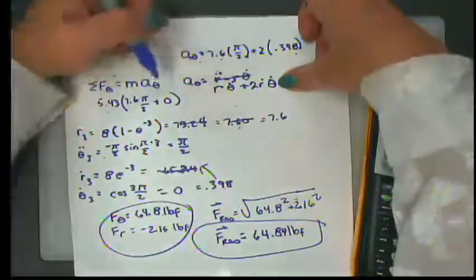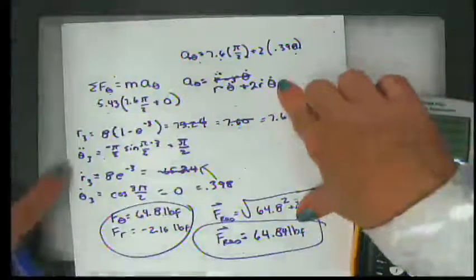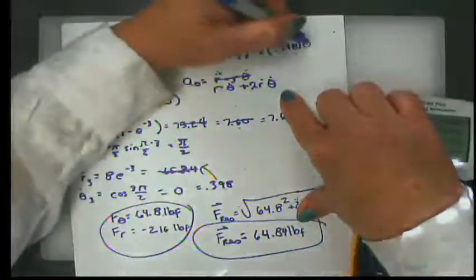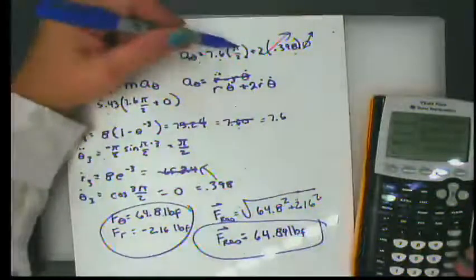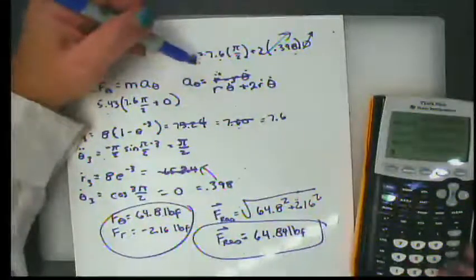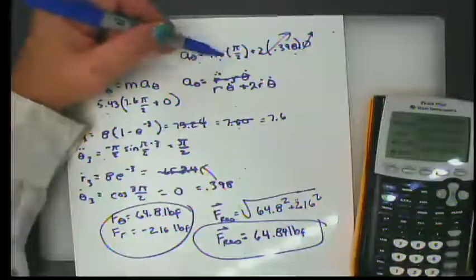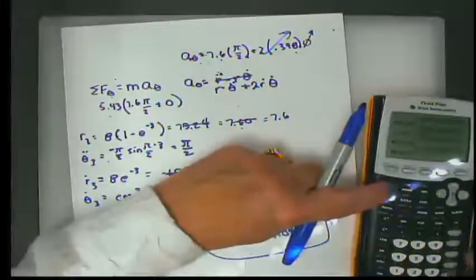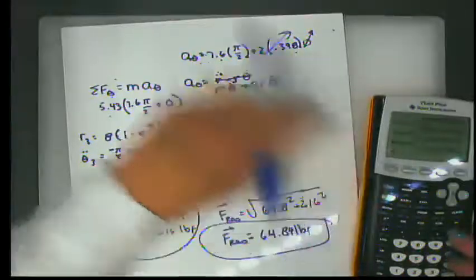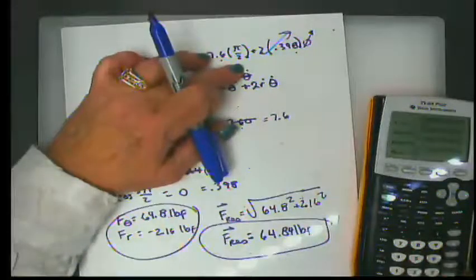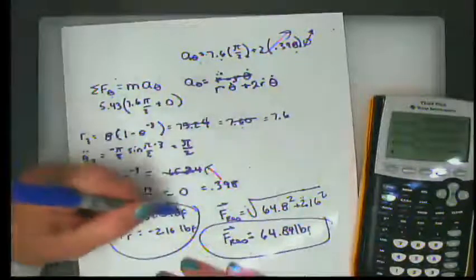And that's times theta dot, which is 0. So that goes away, this whole thing goes away. So I have 7.6 times pi over 2, right? And then I get, like you said, 11.